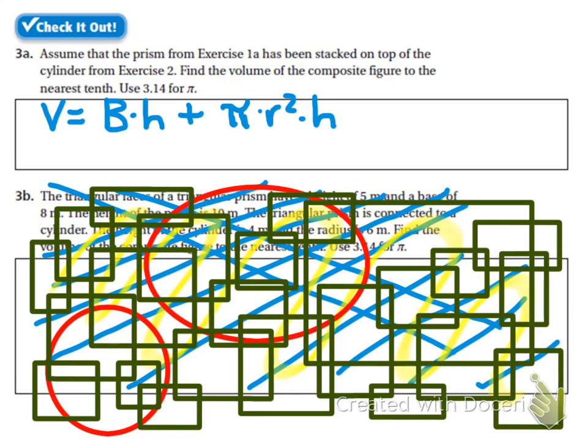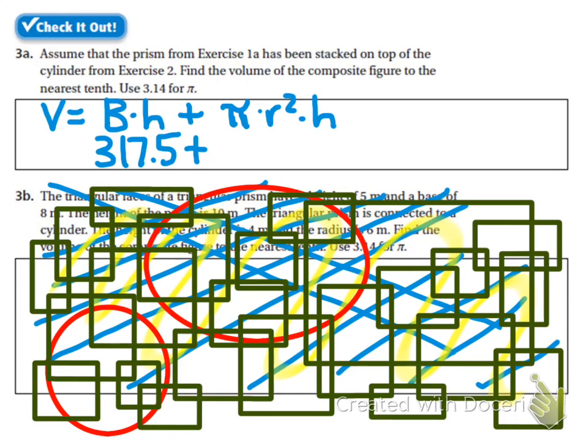Okay, we're on 3A. So we know the prism from exercise 1A was 317.5.